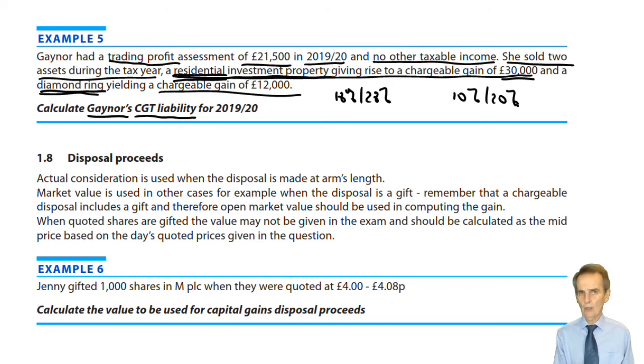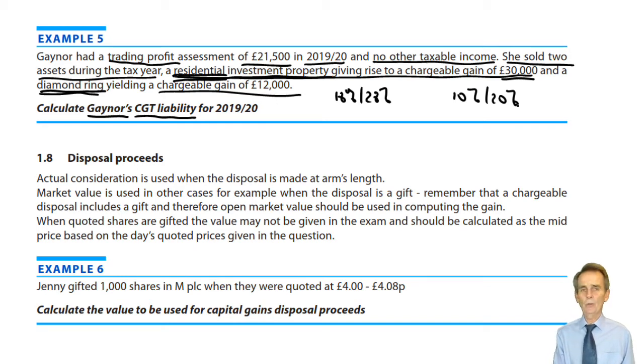Now I'm going to deduct it where it'll do me the most good, save me the most tax. So, against which of those 2 assets, the residential property, hint hint, or the diamond ring, do you think we would now be deducting that AEA?